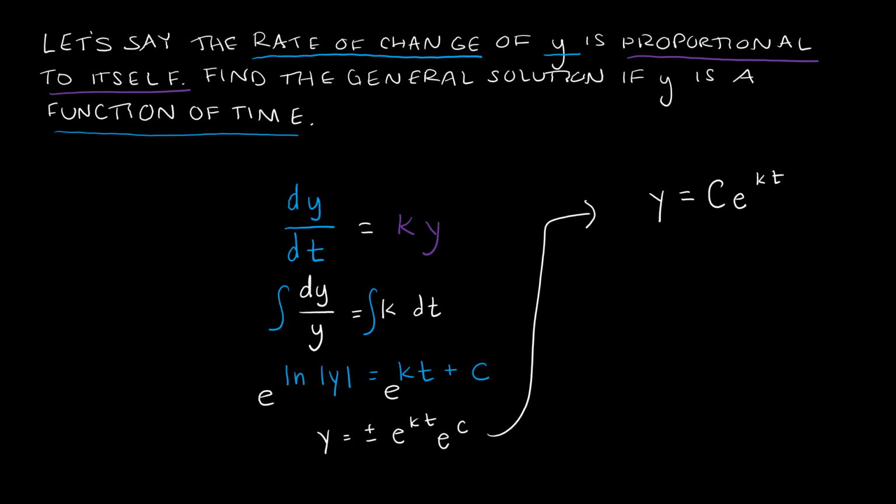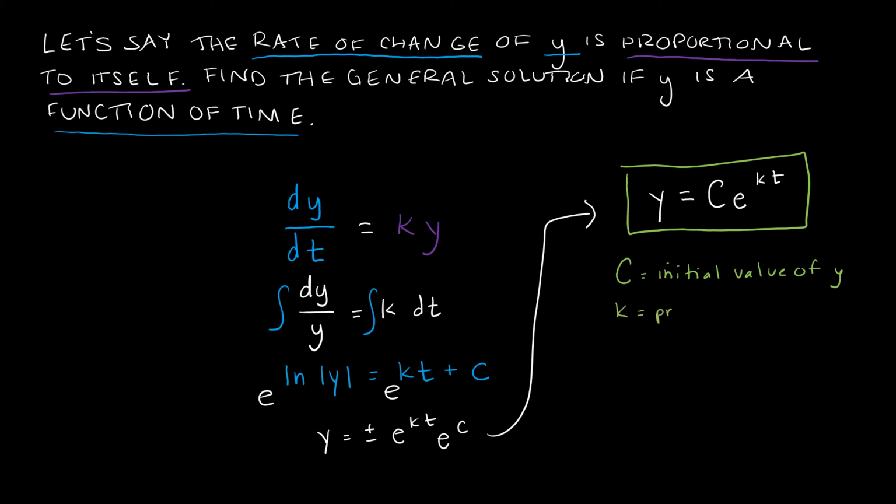So keep in mind some things that you'll want to remember about this general solution is that c is going to be the initial value of y. And that might not be clear yet, but it will be as we continue to work on these. k is some proportionality constant, which is just a constant that is being multiplied instead of added.